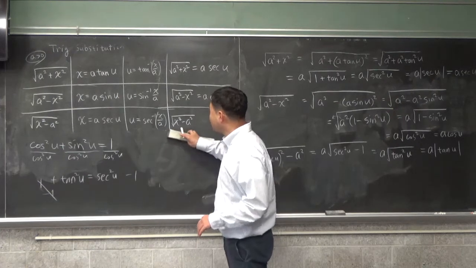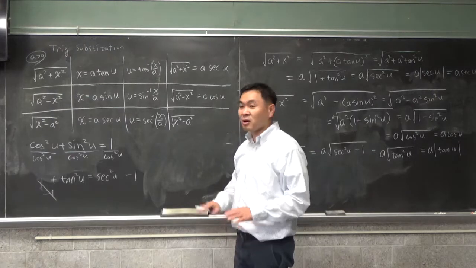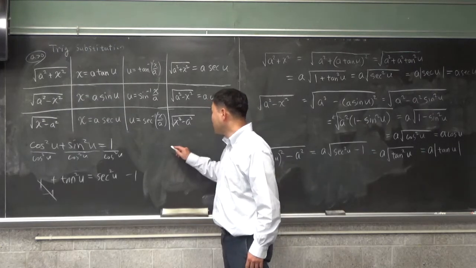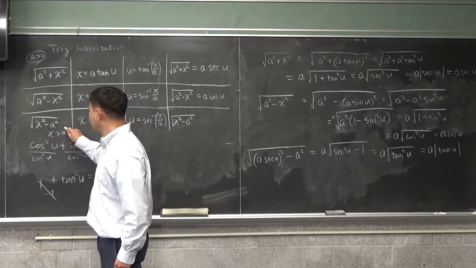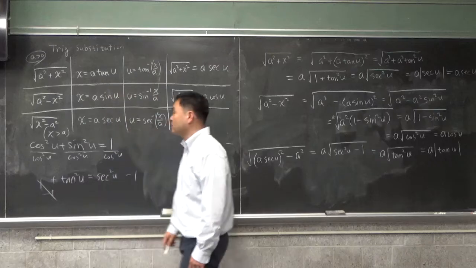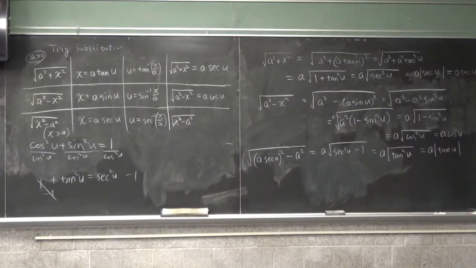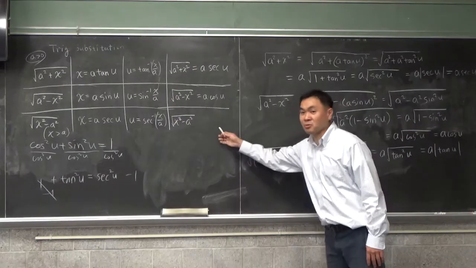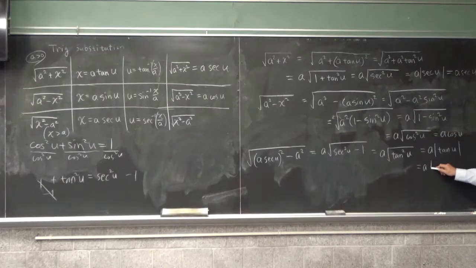But that becomes so confusing that for our class, we will only deal with the case when x is bigger than a. Okay. If you assume that x is bigger than a, then you can make the argument that at the end of the day, you're in the first quadrant, and this will be just a tangent of u.